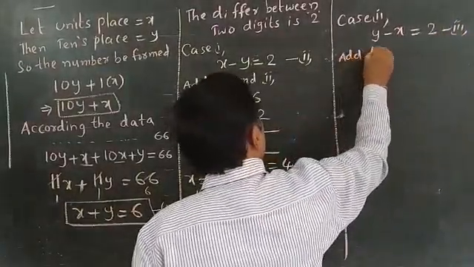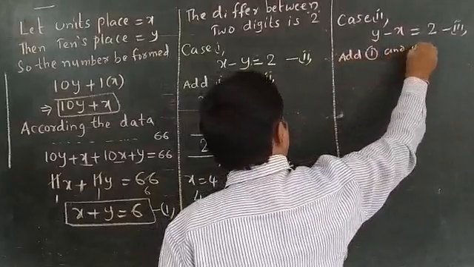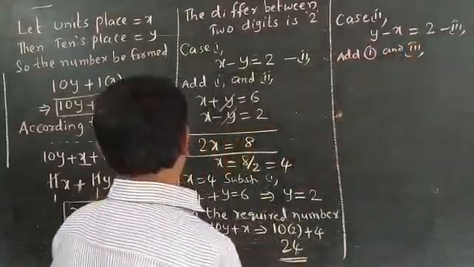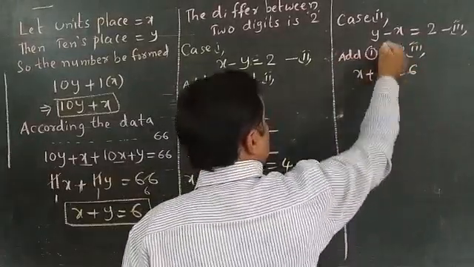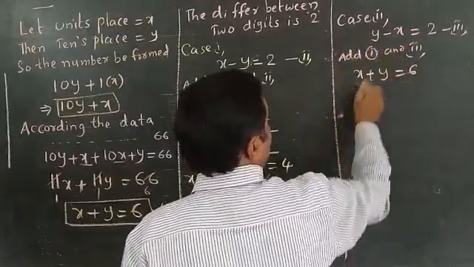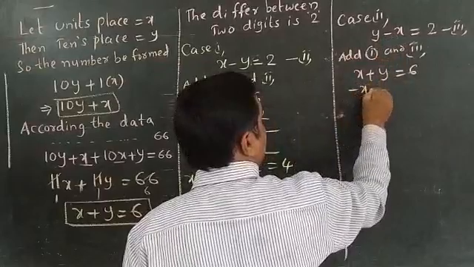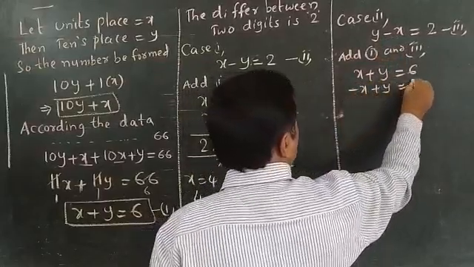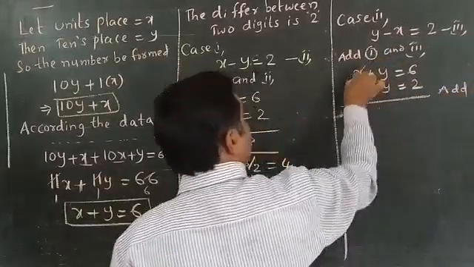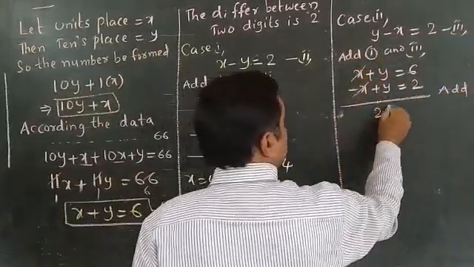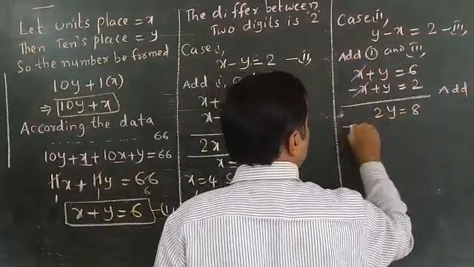Add the first and third. Your first equation is x plus y is equal to 6. The third equation is minus x plus y is equal to 2. When I add these two equations, minus x plus x cancel, and 2y is equal to 8.